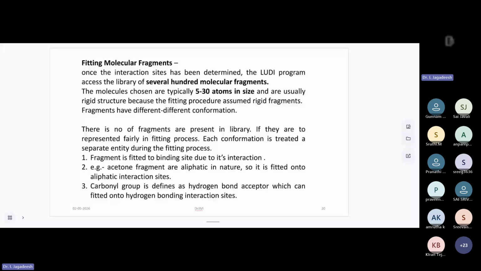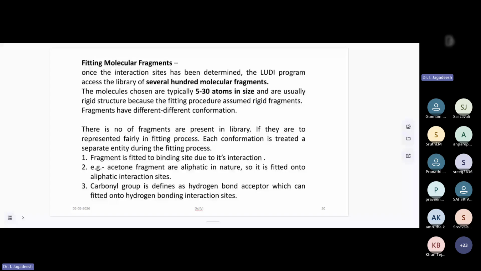So the fragment is fitted to the binding site due to its interaction. Say, for example, if you take an acetone fragment, it is aliphatic in nature, so it is fitted onto the aliphatic interaction sites. The corresponding site will be selected based on the nature of the interaction site. The carbonyl group is defined as a hydrogen bond acceptor, which can be fitted into the hydrogen bond interaction sites.